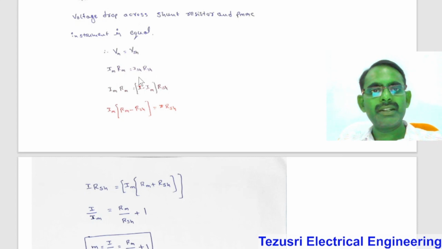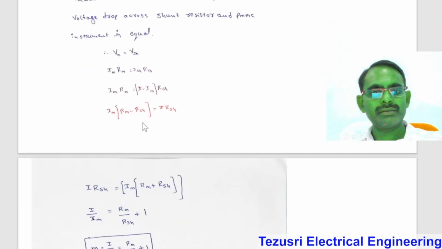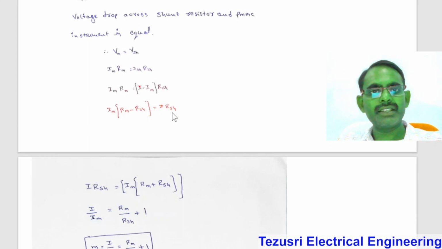Here ISH is nothing but the required measurement current minus full scale deflection current of the meter. Therefore, this equation is written like this.